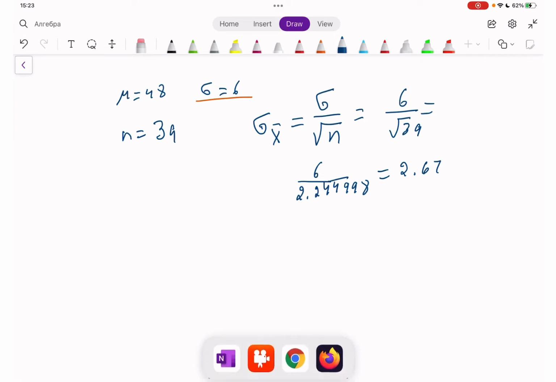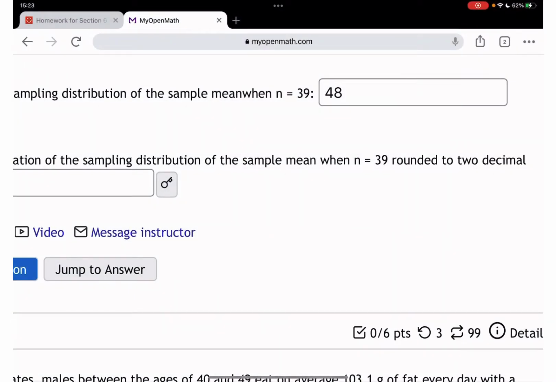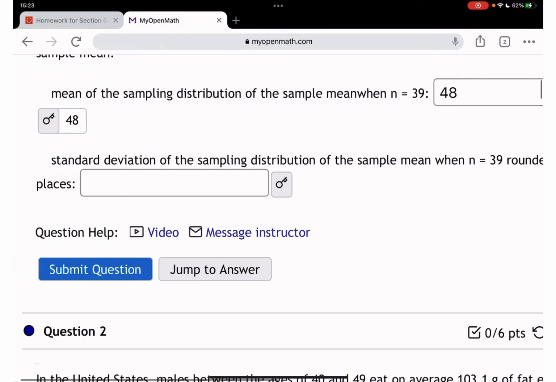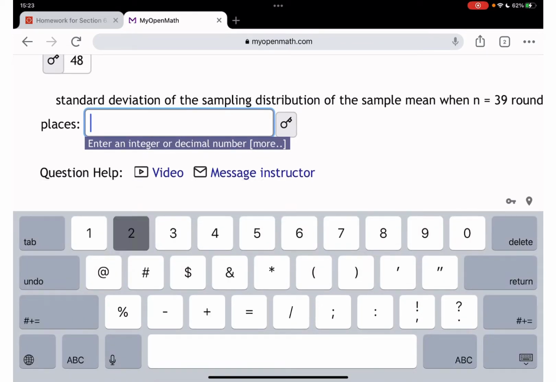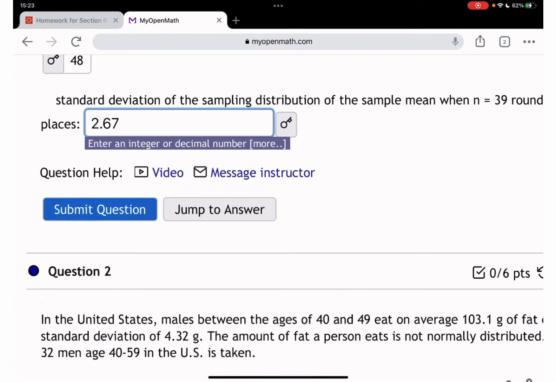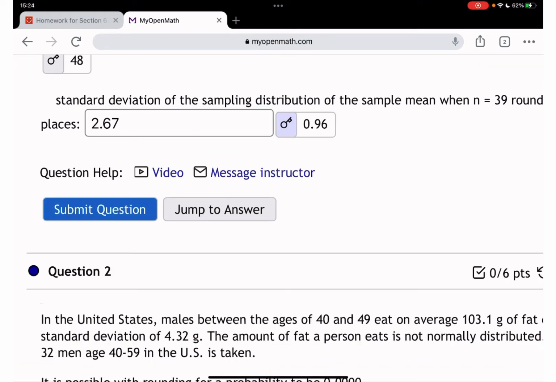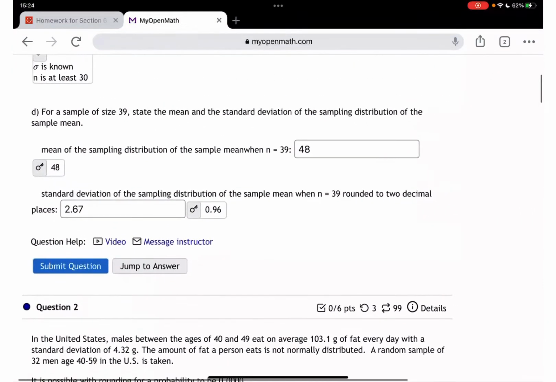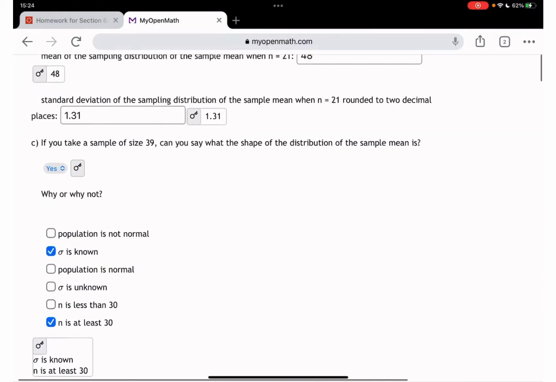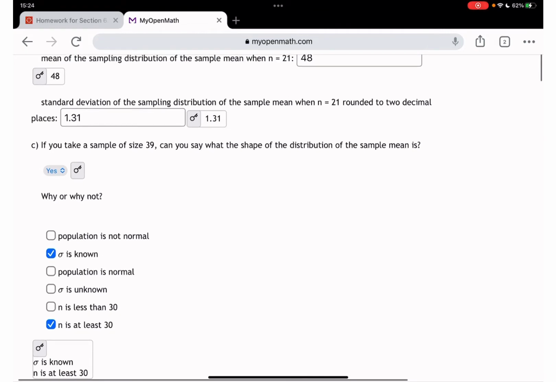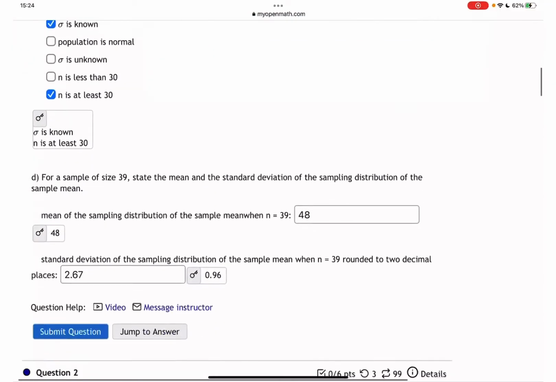Let's place the answer. 2.67. All right, let's check. 0.96. Let's see what's wrong. We did something wrong, maybe. How much did we calculate here? 1.31, and the sample size was 21.